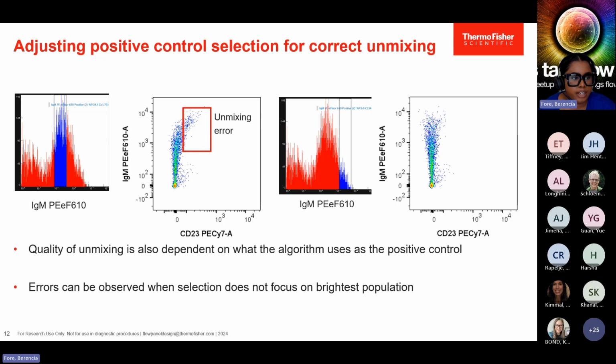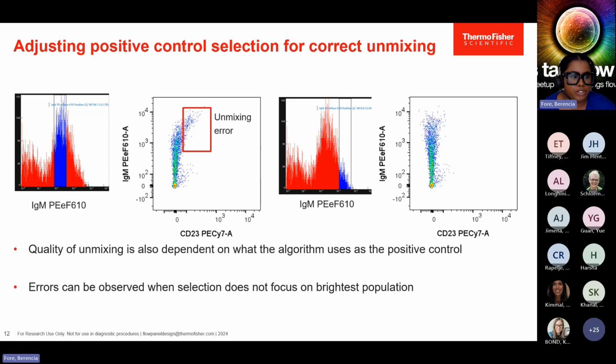So you can see here by grabbing the middle of the peak, we are looking at an unmixing error that has been translated into the actual data, because grabbing this area of the peak is not able to account for the brightness of these events here, which is why we see this curve here.